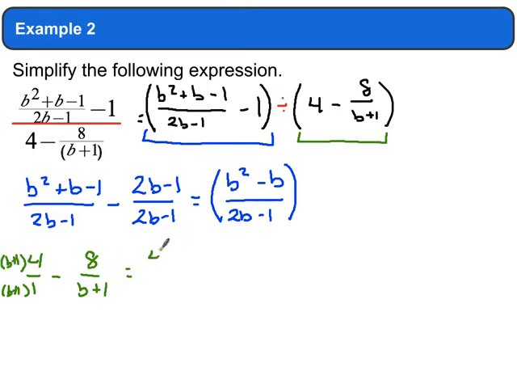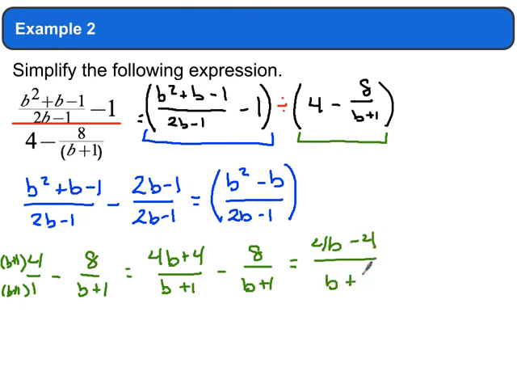So that's going to give me a 4b plus 4 over b plus 1, and we're going to minus 8 over b plus 1. So now I subtract. I'm going to get 4b, 4 minus 8 is negative 4, and that's over b plus 1. So this is my second fraction.